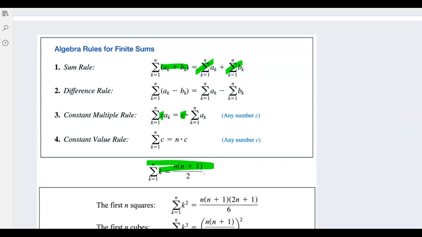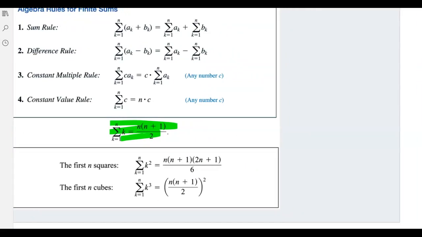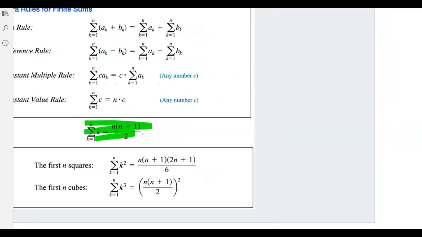This one right here is a real common summation that we come across. It's adding up just a string of numbers. Suppose I was adding up the numbers 1 through n. 1 plus 2 plus 3, and so on, all the way up to n minus 1 plus n.